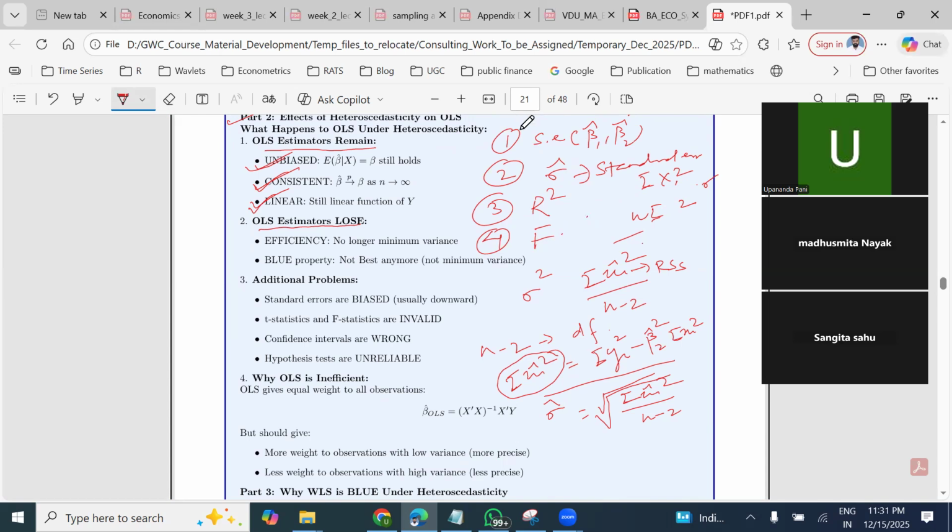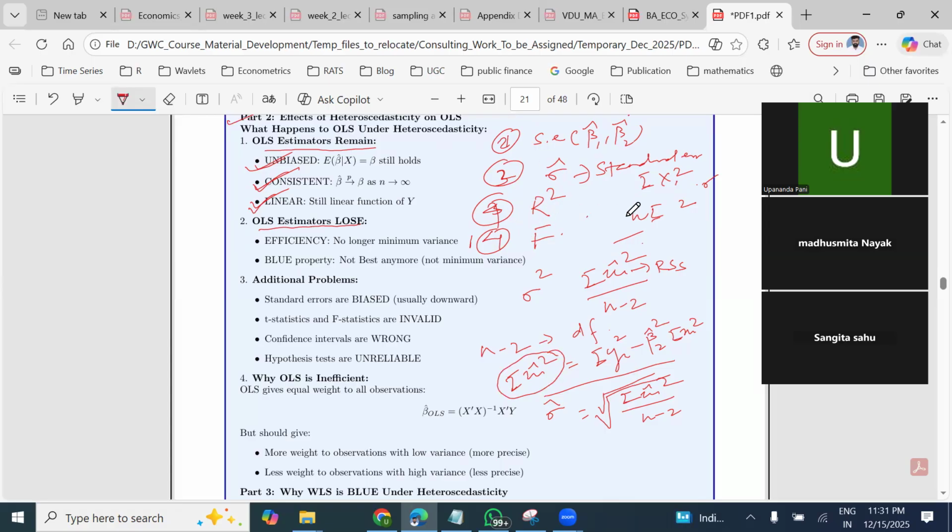Usually we check F first, then 1, 2, 3. The sequence is like this: F is first, then this is 1, this is 2, this is 3, and R square will come fourth. Why? Because I have not discussed ANOVA, that is why I have not introduced F, so it was not written. So the sequence is clear, right?